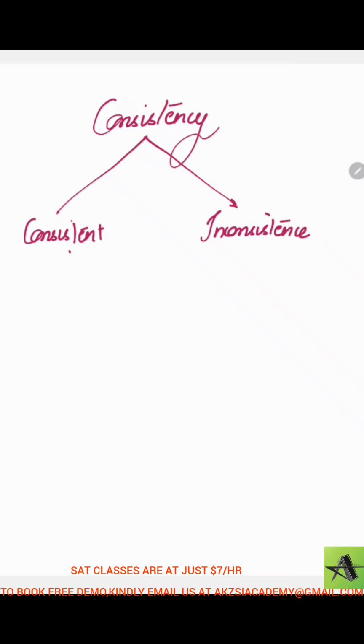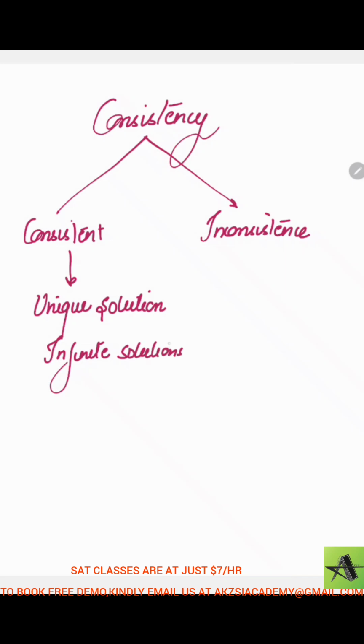If the pair of linear equations is consistent, then there are two possible ways you can get the solution. One can be a unique solution, and second, you can get infinite solutions. And if a pair of equations is inconsistent, then in that case you will be getting no solution.